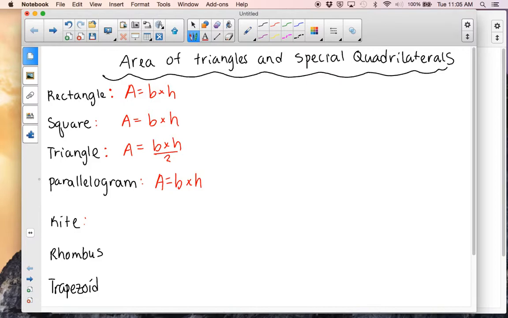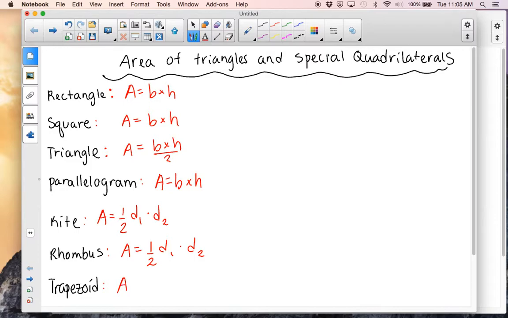For kite, it's 1/2 diagonal 1 times diagonal 2. A rhombus is the same thing, 1/2 diagonal 1 times diagonal 2.